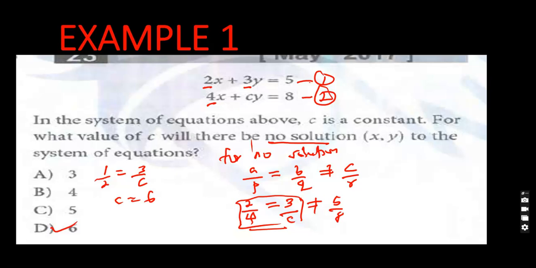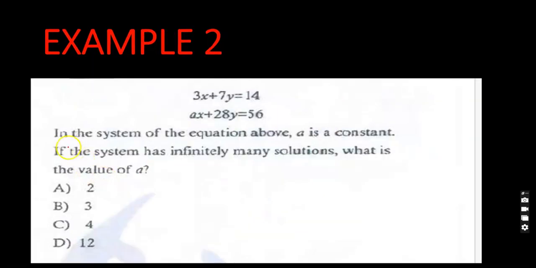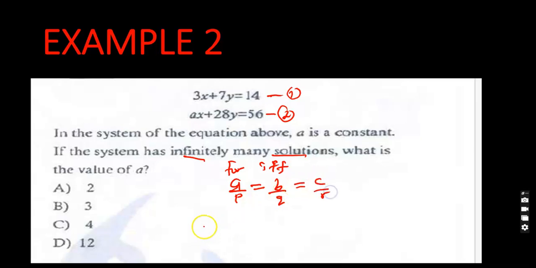Let's solve the next example. It says this equation 1, this equation 2, or more like line 1, line 2. Find the value of a for which this has infinitely many solutions. For infinitely many solutions, a over p is the same thing as b over q is the same thing as c over r.